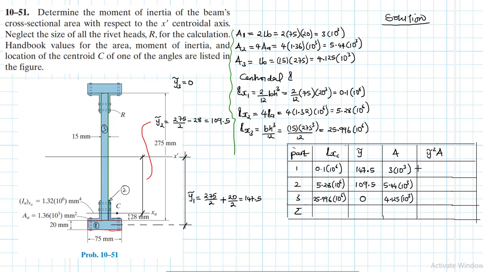So the product, we have 147.5 squared times 3 times 1000.